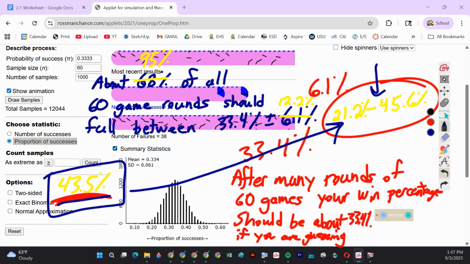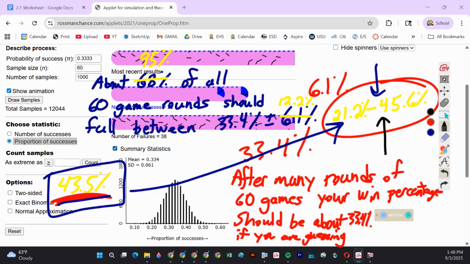True, your score was higher than the average score. But when rolling dice, it is totally normal to land anywhere in that window. Anything outside that window we would consider to be abnormal. Right? So the next time you do it, you might end up with 28%, and then 31%, and then 35%.